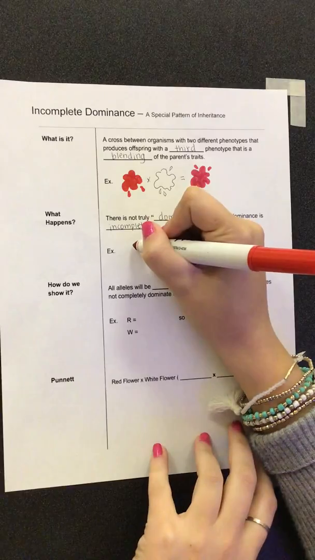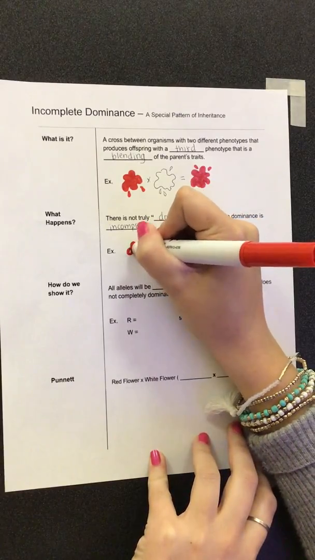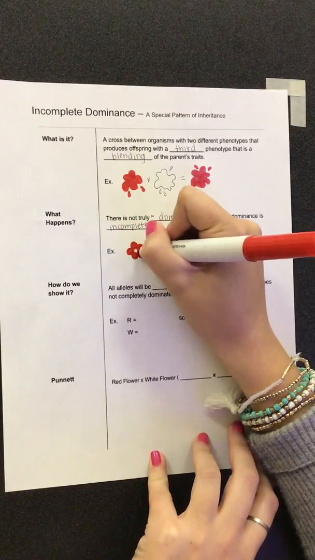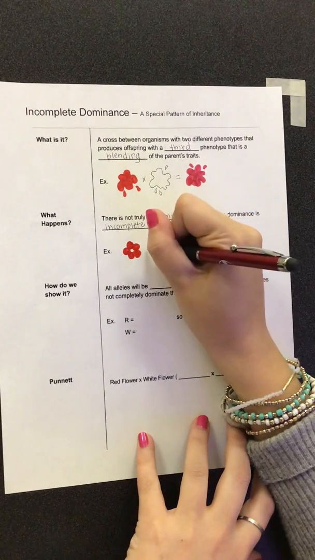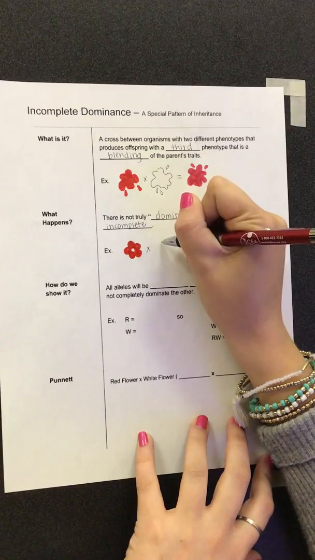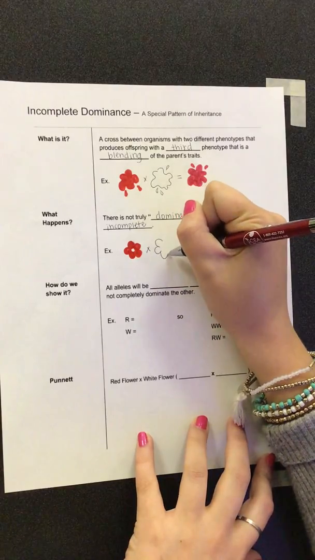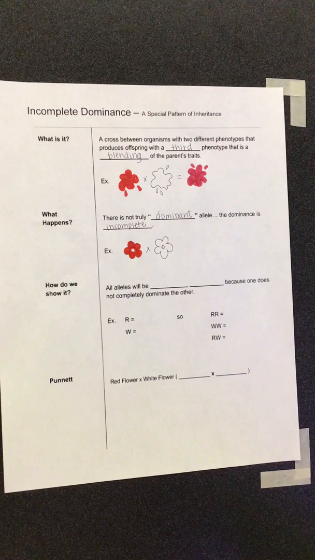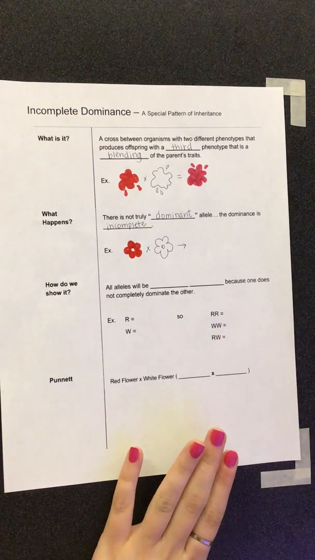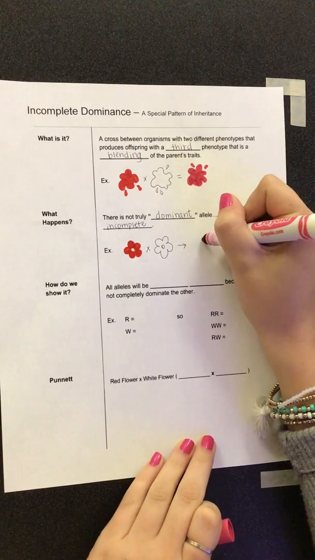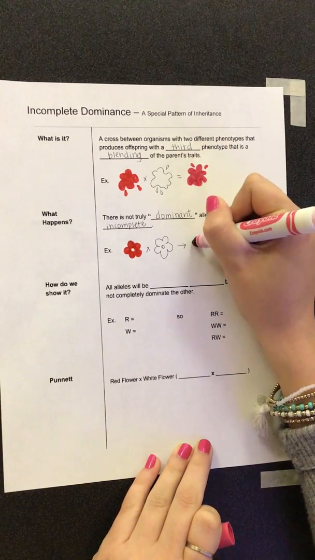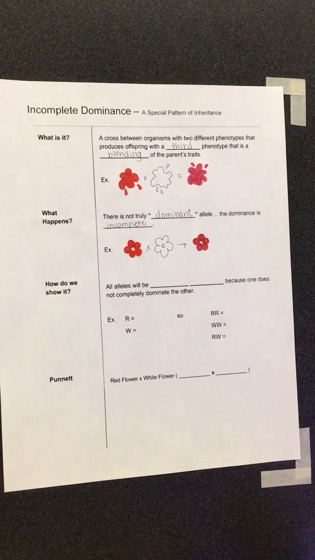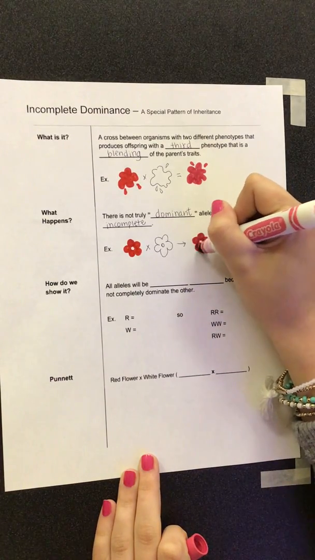So if we have a mother flower that is red, and we cross that with a father flower that is white, then all of their offspring are going to be a blending of their traits and are going to be pink flowered.